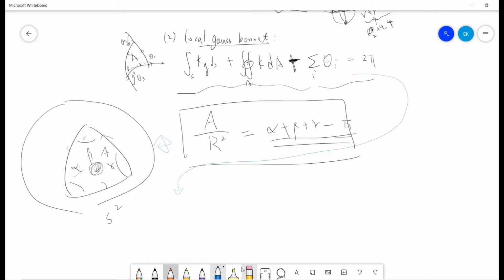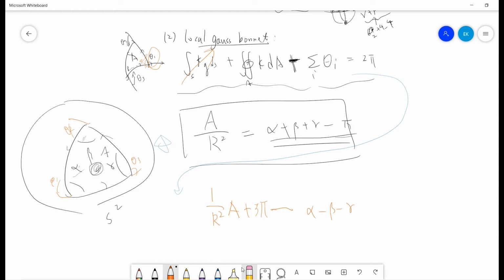Okay, so let's prove it. Since we are working with geodesics, there's no geodesic curvature term. So we have 1 over r squared times A, where this area is A, plus the turning angle. This is theta 1, but alpha is pi minus theta 1, so we get 3 pi minus alpha minus beta minus gamma, with theta 1, theta 2, theta 3 the exterior angles.